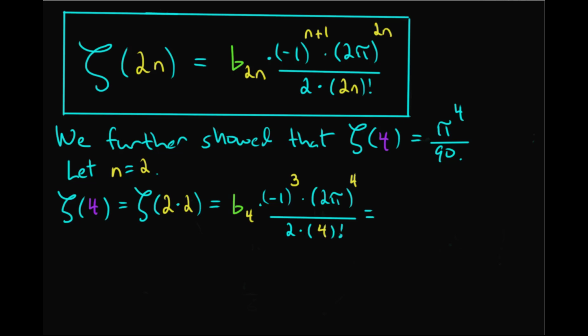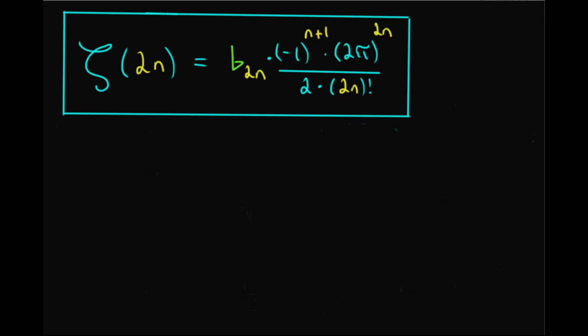Well, we have that b sub 4 equals negative 1 over 30, and this is going to multiply negative 1 times 16 times pi to the 4th, all over 2 times 4 times 3 times 2 times 1. And when we make the necessary cancellations, we then find that zeta of 4 equals pi to the 4th over 90. We'll do one last example.